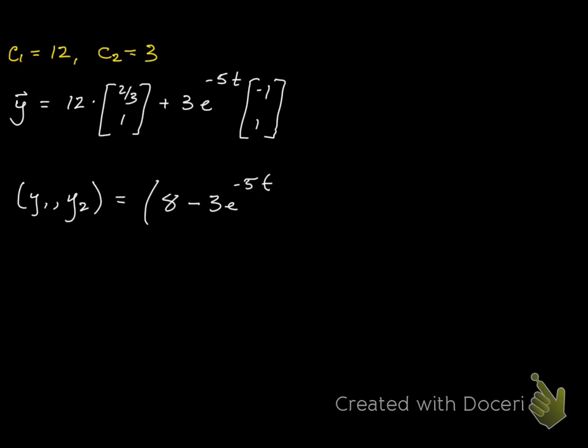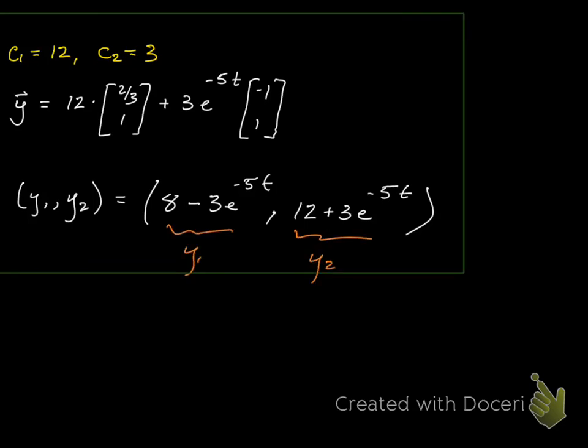The second component will be 12 times 1, so 12 plus then 3e to the minus 5t times 1. That's y1 and y2. And I have a solution to a system of differential equations with initial conditions.